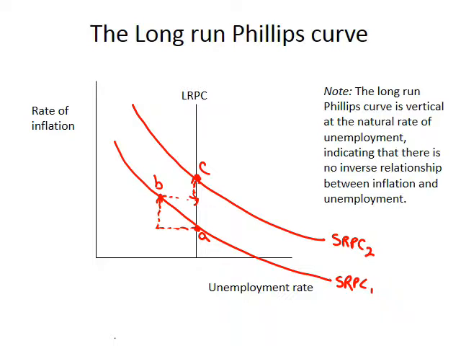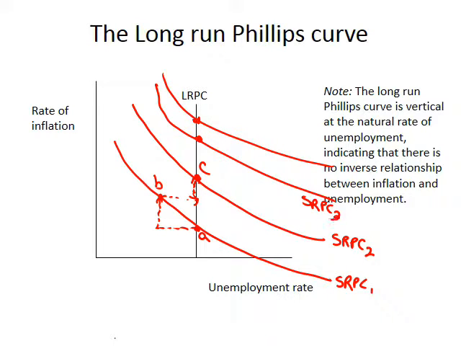Now, if this process were to continue, with AD shifting to the right and in response wages increasing and SAS shifting to the left, we could see a series of short-run Phillips curves where we're coming back to this long-run Phillips curve point, which is also the natural rate of unemployment or the full employment rate of output.